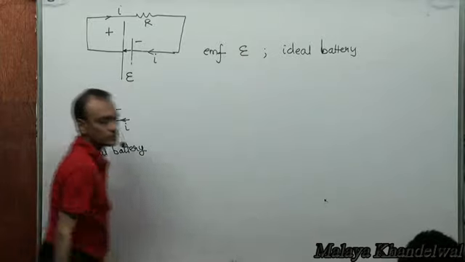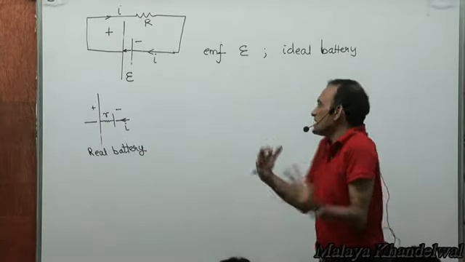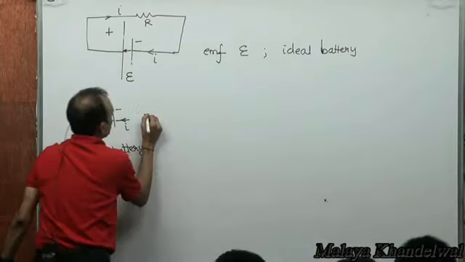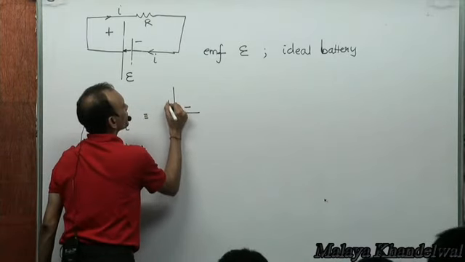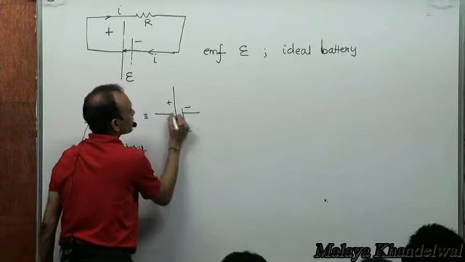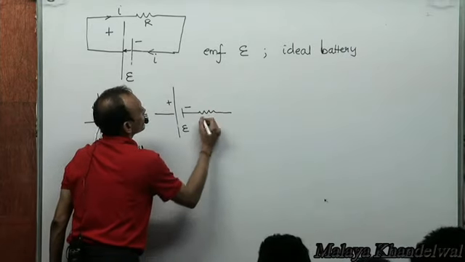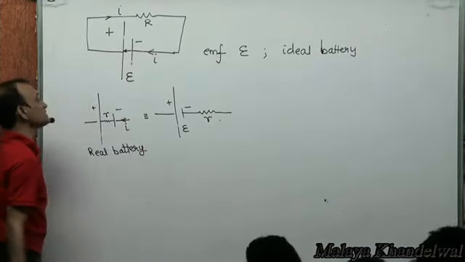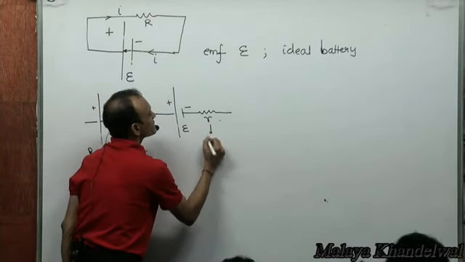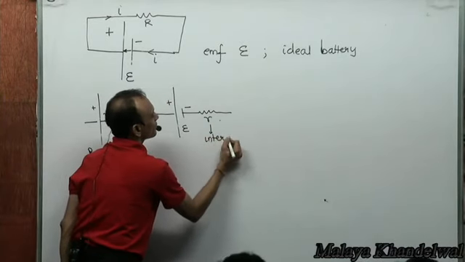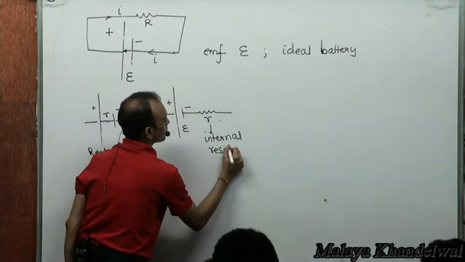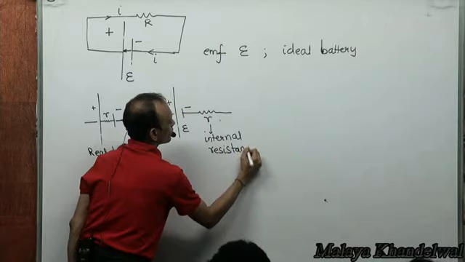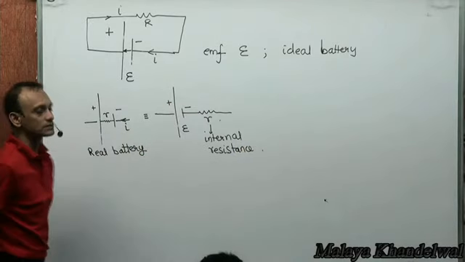A real battery is essentially then a superimposition of an ideal battery, epsilon, and an internal resistance small r. This small r is an internal resistance.